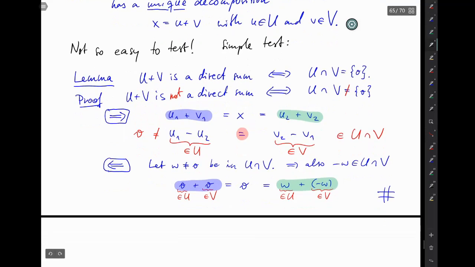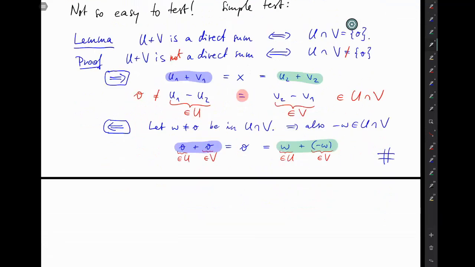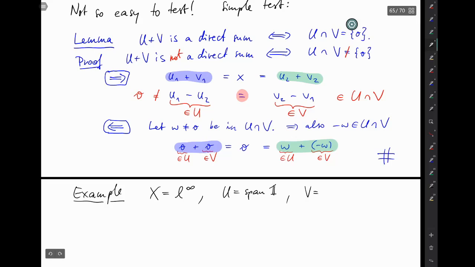Let us look at another, maybe not so trivial example. As our big surrounding space, let's take L infinity, the set of all bounded sequences. And as subspaces, let's take U, which is the span of this element that I'll explain in a minute, and V the set of all null sequences, which we denoted by c0.